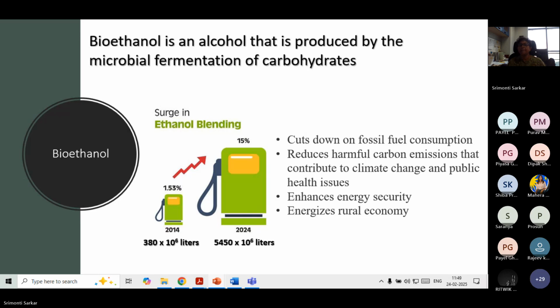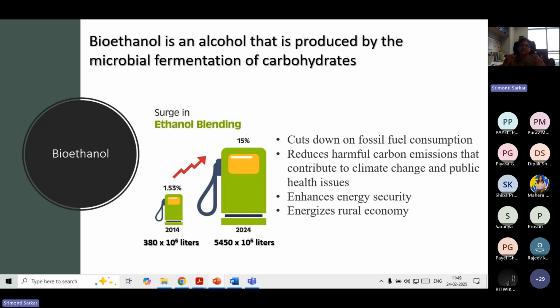So bioethanol blending into gasoline has taken off in a big way in India, and the government has a huge push in our switch from a fossil fuel economy into a biofuel driven economy. You can see here the numbers, where there has been an almost 15-fold jump over the last decade in the amount of bioethanol being used for blending into fuel.